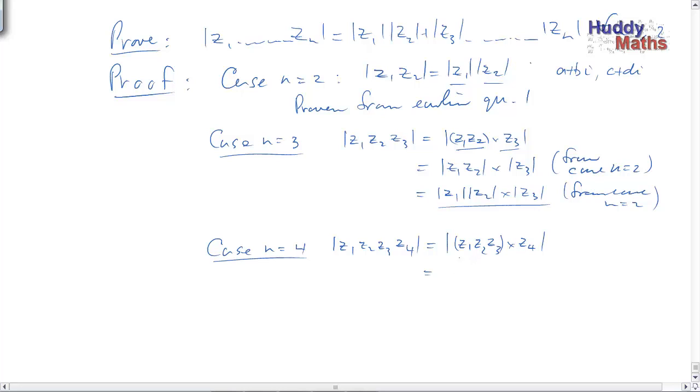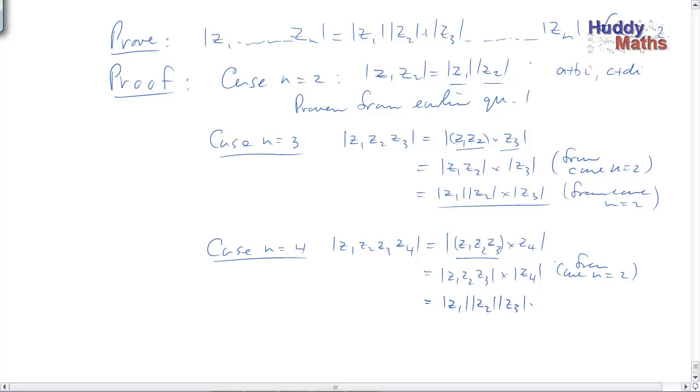So this is thinking about 4 as a 2, so it's the modulus of this first one by the modulus of the second. We can break 2 down, by case, from case n equals 2. Let's tidy that up a little bit there. Okay, and now we can break this down because that was part of our whole process.